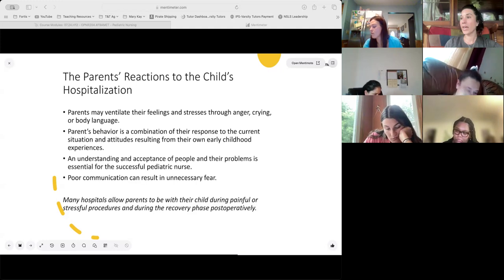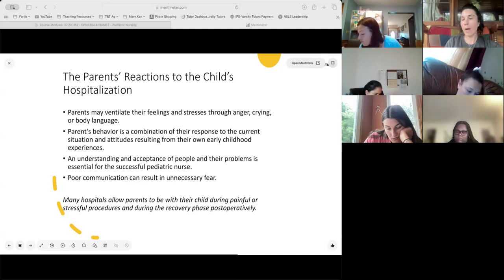So if they've had several negative experiences with hospitalization, they may carry that baggage on and transfer onto their child's hospitalization. So we need to acknowledge that their feelings are real. We can do that by restating what they're telling us, how they're feeling, that therapeutic communication, and then work together with them to figure out how to move forward and improve the situation.